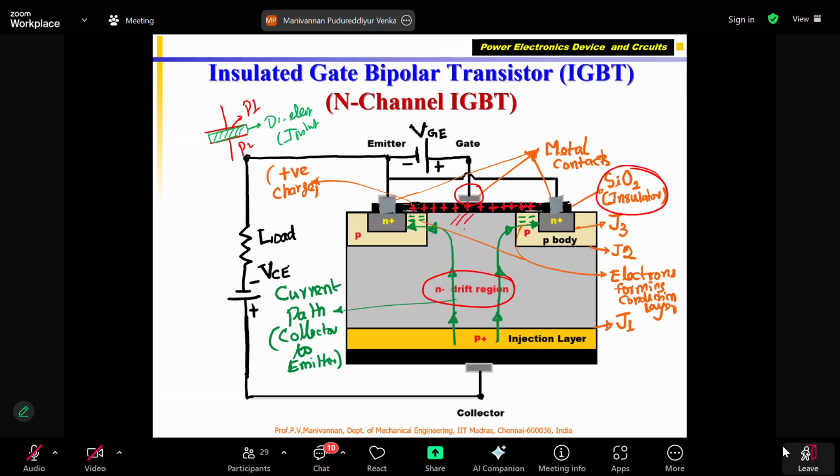The whole N plus region is conducting. Above that, I have the metal contact. I am giving a battery. Correct, plus. So because of that, what happens here? The voltage is induced. Correct. Electric charge. What charge? Plus charge is induced on the top side of my insulator.